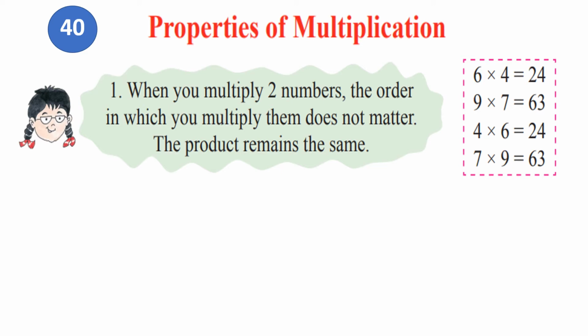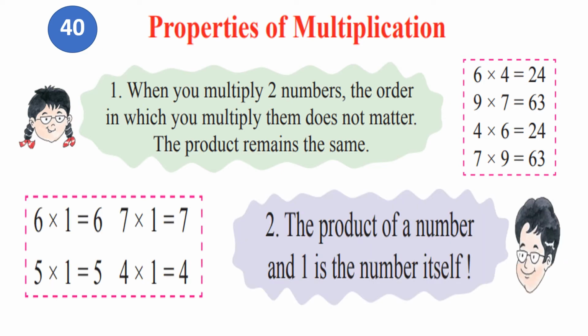If you change 6 times 4 to 4 times 6, the answer is the same, 24. If you change the position, 7 times 9 equals 63. That's why, number 1, when you multiply two numbers, the order in which you multiply them does not matter. The product remains the same.